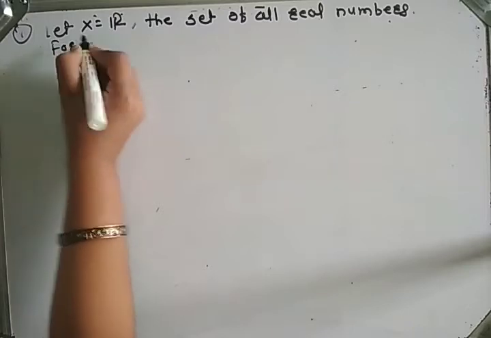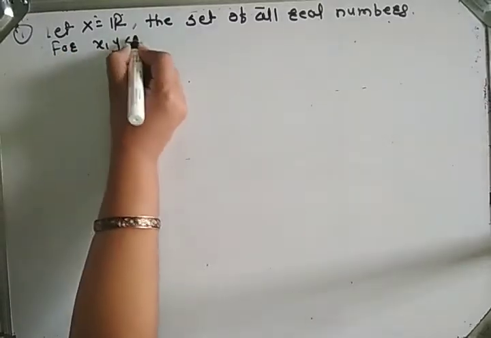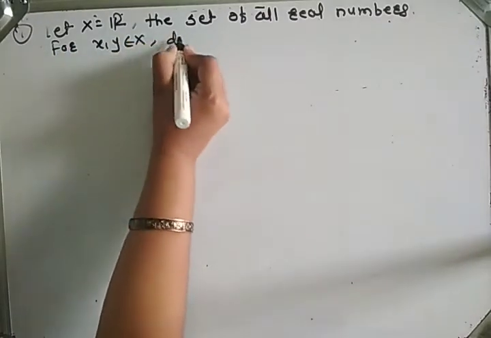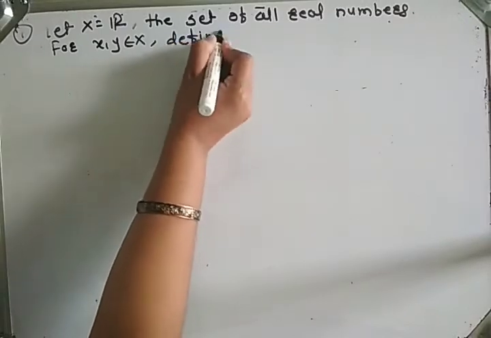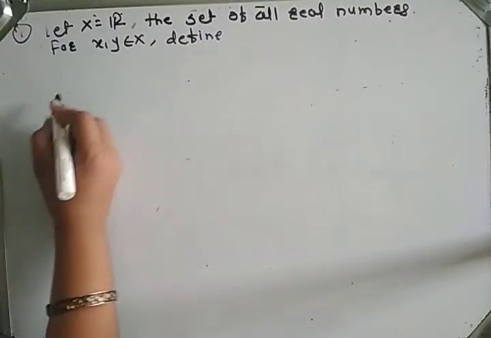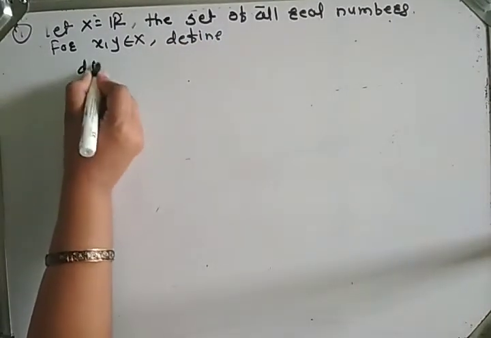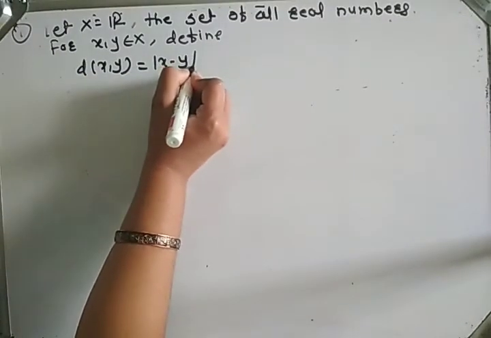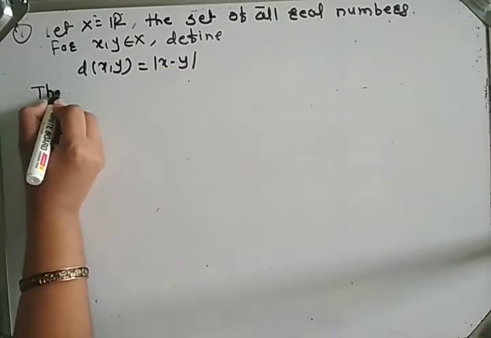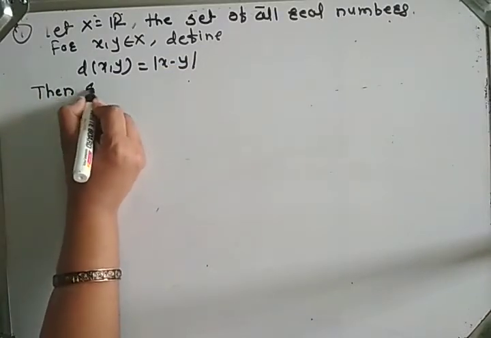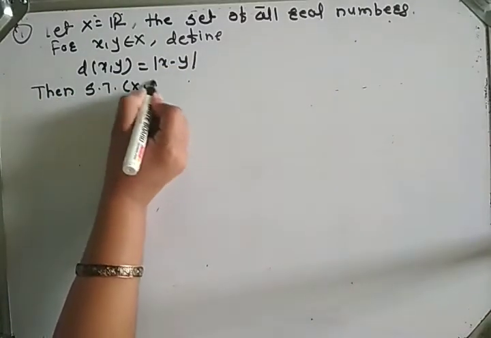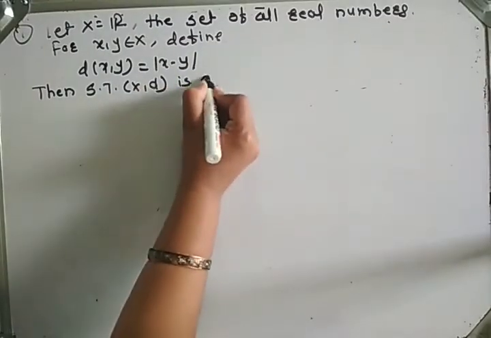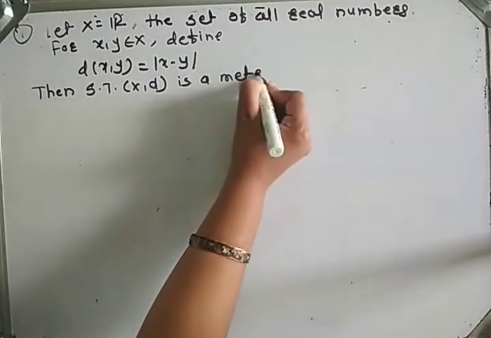For x comma y belonging to capital X, define d of x comma y is equal to mod x minus y. Then show that (X, d) is a metric space.